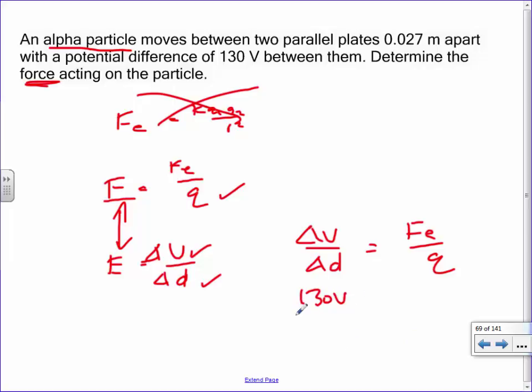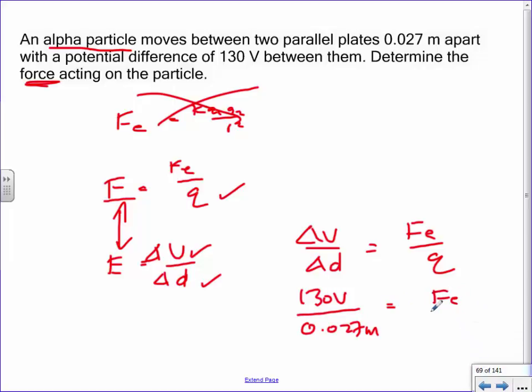This is 130 volts over 0.027 meters. I don't know my amount of electrical force because that's what I'm looking for. But I do know the charge because the charge is again an alpha particle. So it's 1.6 times 10 to the minus 19 coulombs.